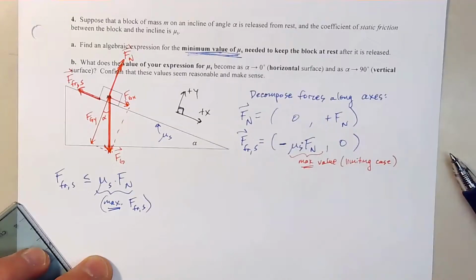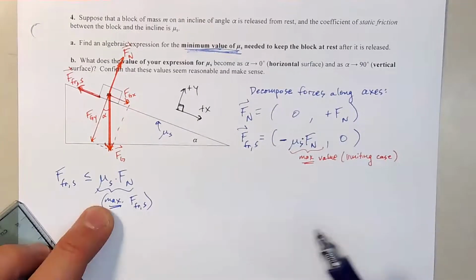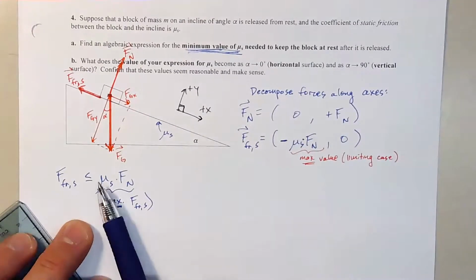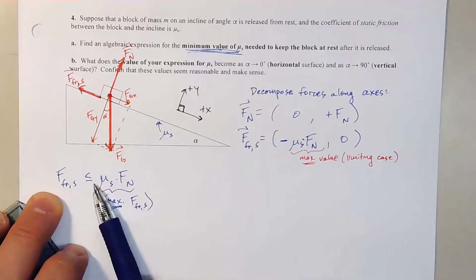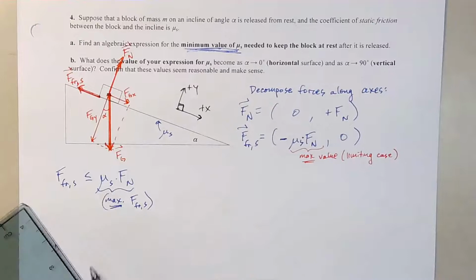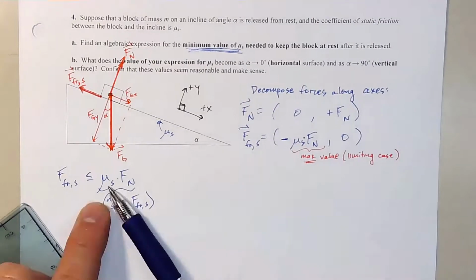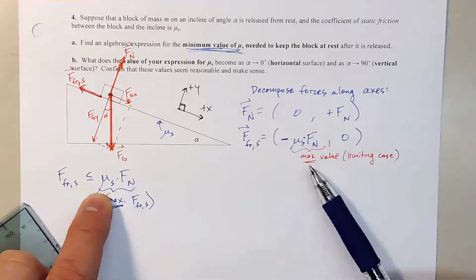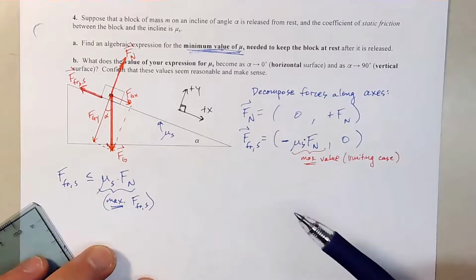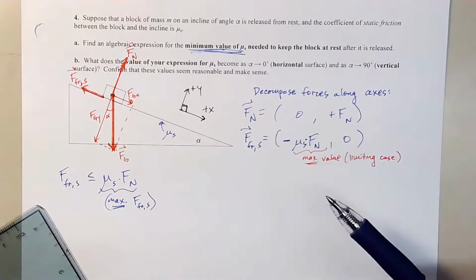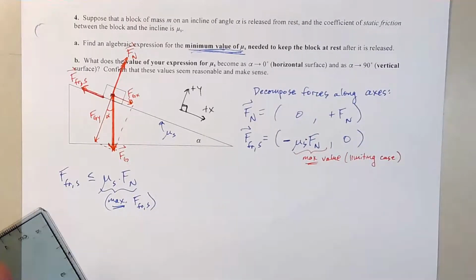So we've reduced mu to the point where this friction needs to climb all the way up to the equality here, so that if there was even a smidge less mu, then the object will break free. All right, so that's the sort of approach that we always use for these limiting case type problems.